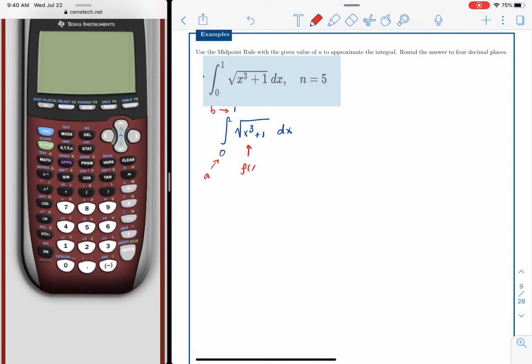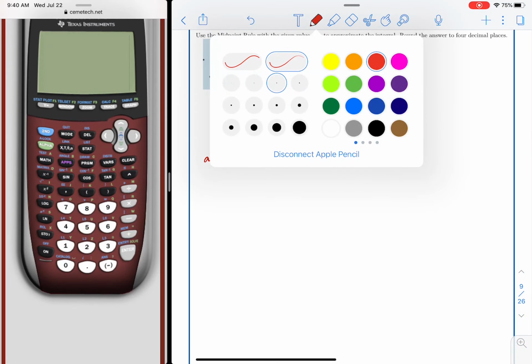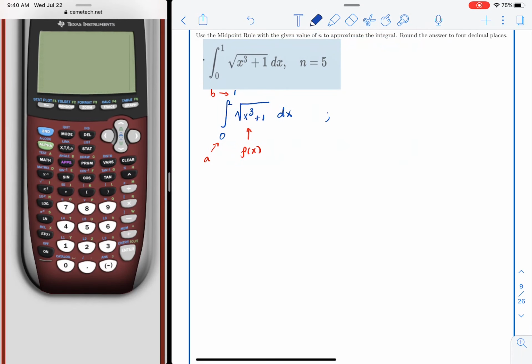That is our function f of x. n is given in the problem. So delta x is simply b minus a divided by n. So 1 minus 0 divided by 5. So we have 1/2.